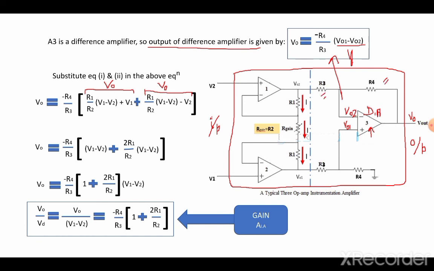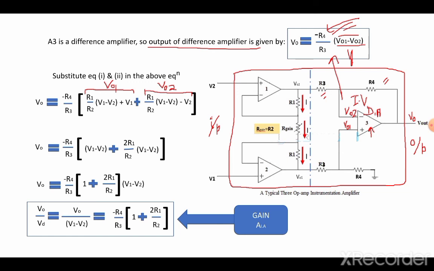The negative sign is taken here because the inverting terminal is connected to the output of the op-amp. Now the voltage equation is shown in this block. Now we will substitute the values of V01 and V02 in this equation, as we have calculated the values of V01 and V02 in our previous slides.